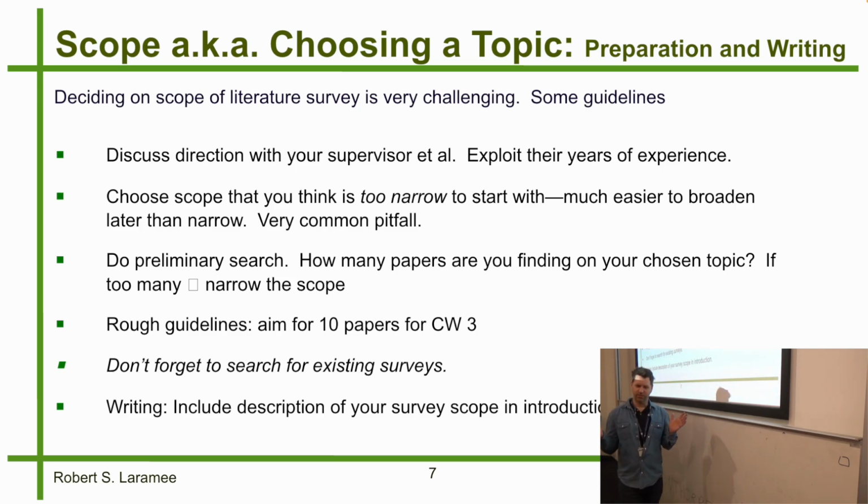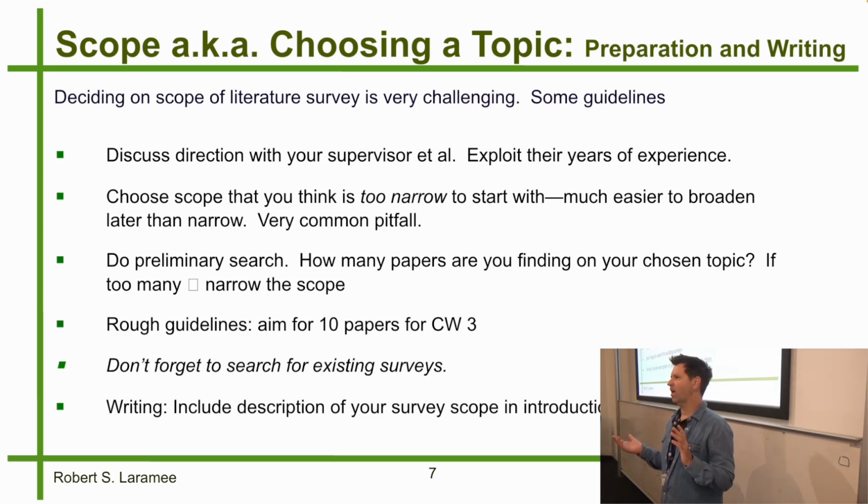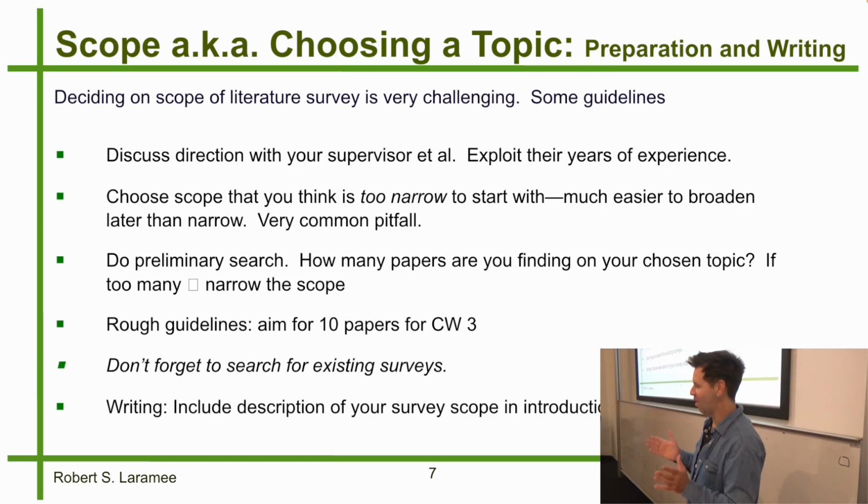For example, I remember in one of the workshops in this class, somebody found a survey called a survey of artificial intelligence literature. That's an example of a scope that is way too broad. There's no way you can write a literature survey on a survey of artificial intelligence. Not possible.